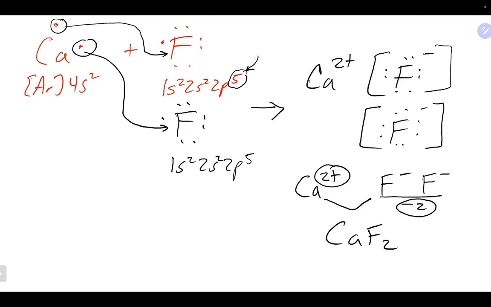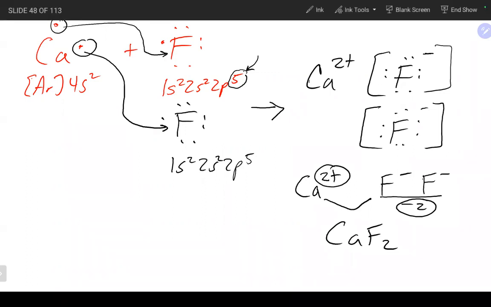The real reason we tell you when we do naming and putting formulas together to make sure that it all equals 0, the charge, is this reason. It allows everybody to reach noble gas configuration when you put the charges together that equals 0 in the simplest way possible. And let's see if that is true.